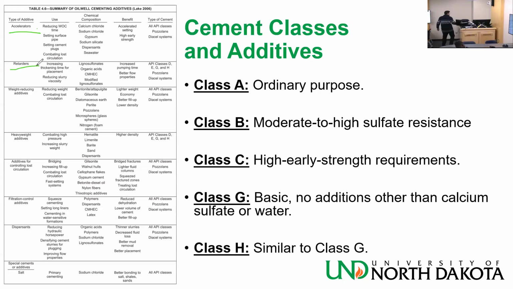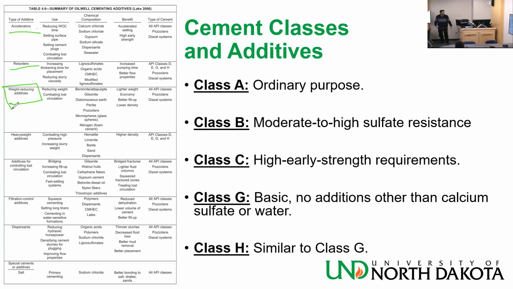Weight reducing additives make it lighter, okay? Bentonite is a good example. Gilsonite, it basically thins out the cement, okay? It makes it thinner, makes it less dense. Diatomaceous earth, these are light stuff. Microspheres, foams, different stuff.